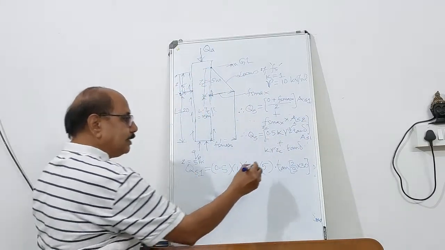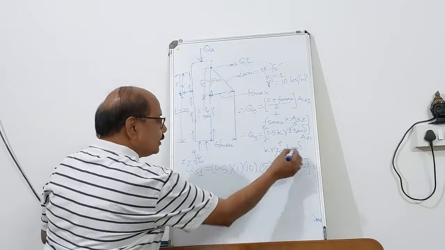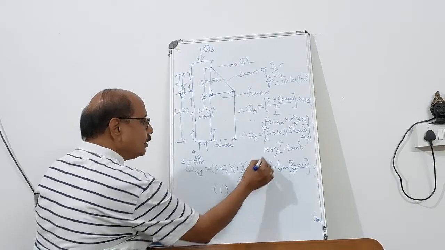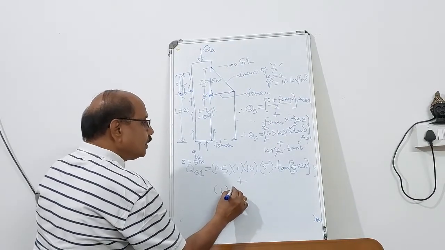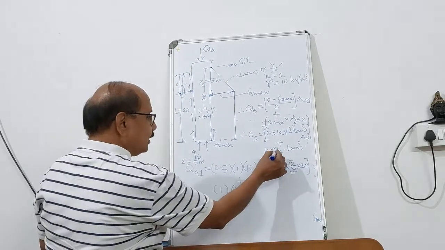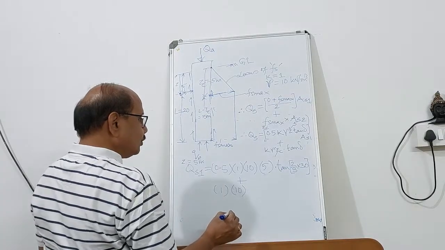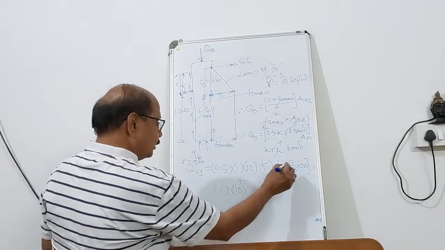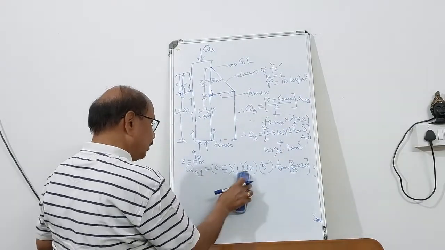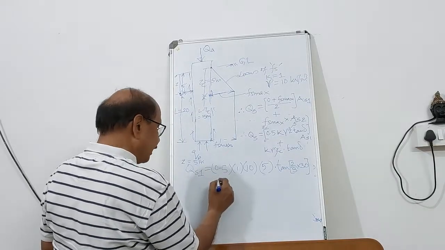Okay? And then beyond 5 meter up to 15 meter, the second term you can write. K equal to 1, gamma prime is already known to you, 10 kilonewton per cubic meter. Z critical, how much is it? This has to be multiplied by the QS1, so multiply with this quantity multiplied by the shaft area.